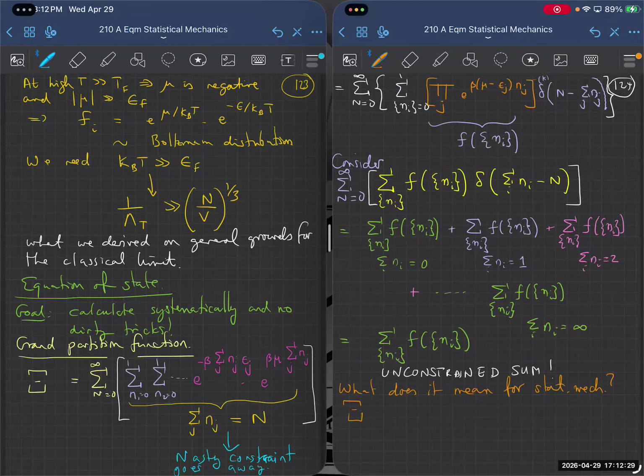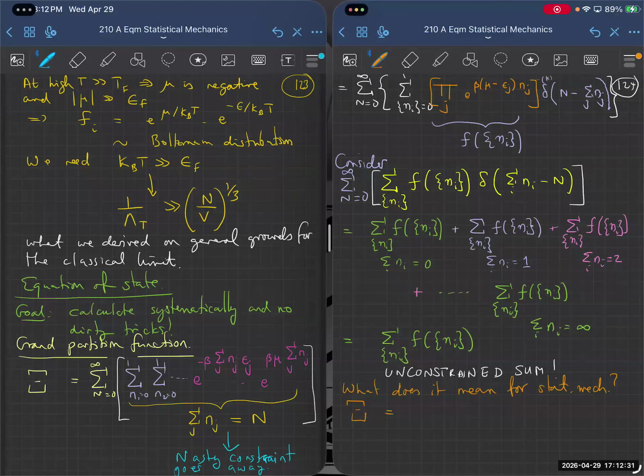So this is just equal to the sum over the Ni, which means sum over N1, sum over N2, sum over N3 multiplied together, times the product over the states of e to the beta mu minus epsilon i times Ni.